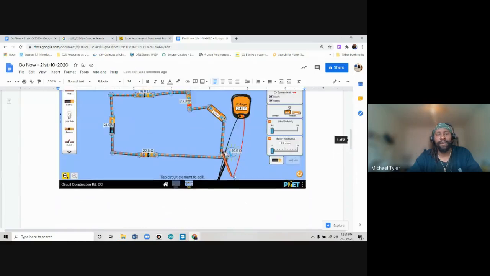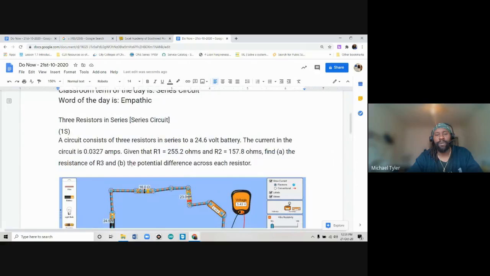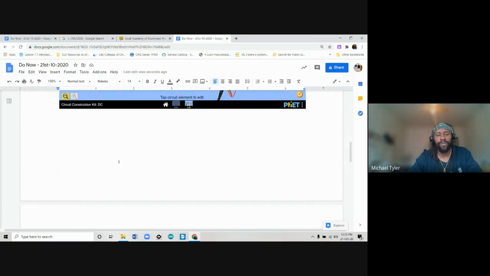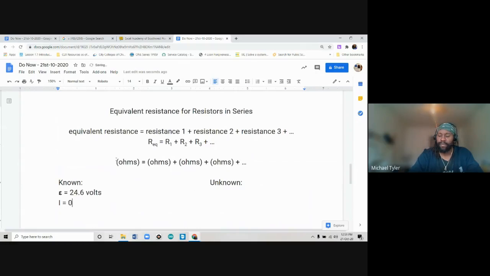So we go back up, that is 0.0327. Okay, so 0.0327, and that's amps. We know what resistor 1 was, right? So resistor 1, Control, that's called subscript.